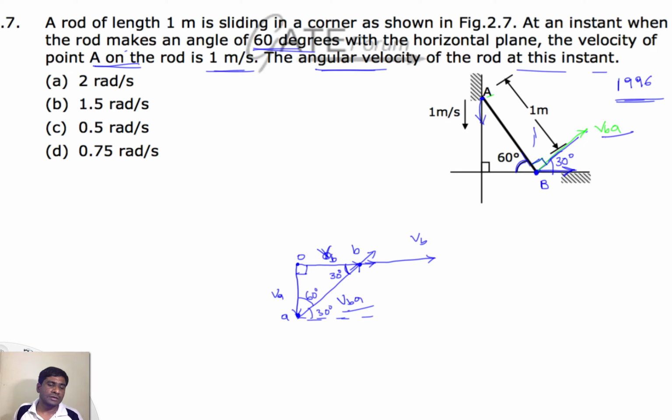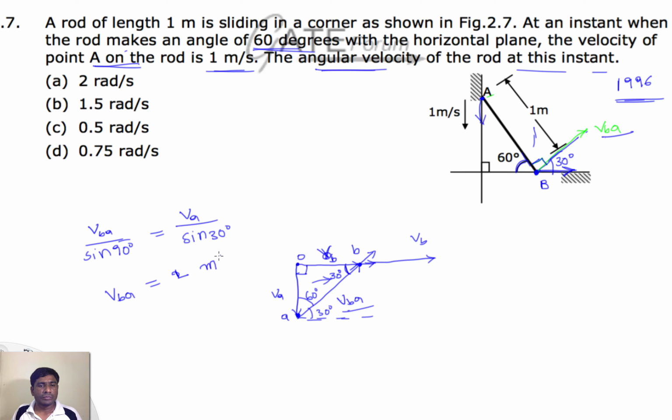So, by the sine formula, VBA by sine 90 degrees equals VA, because VA is the known value, divided by sine of its opposite angle, that is sine 30 degrees. From this we can calculate VBA equal to VA. The value of VA is 1, and sine 30 is 1 by 2. So it becomes 2 meters per second.